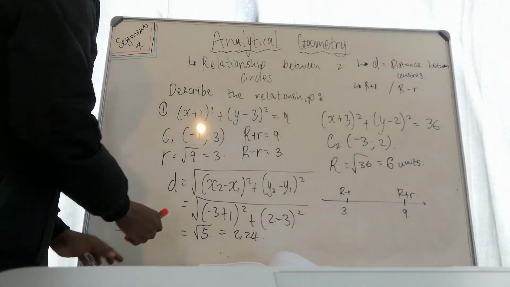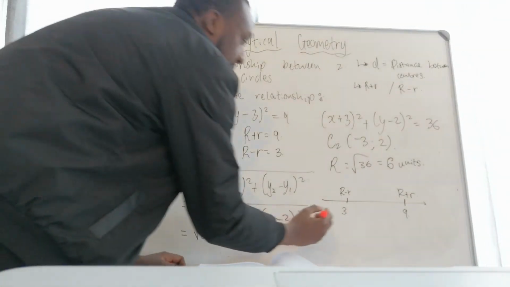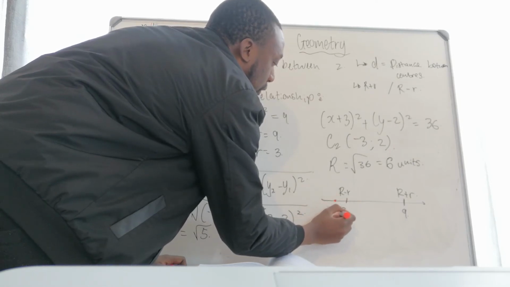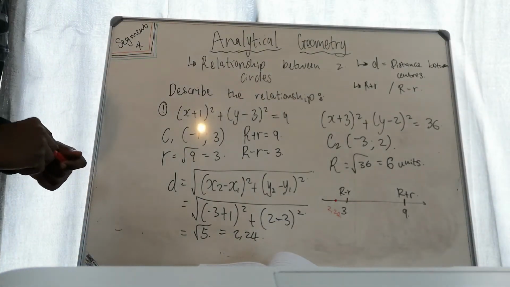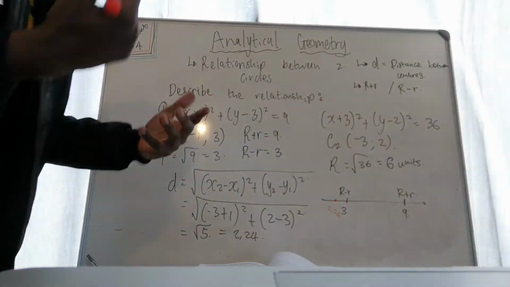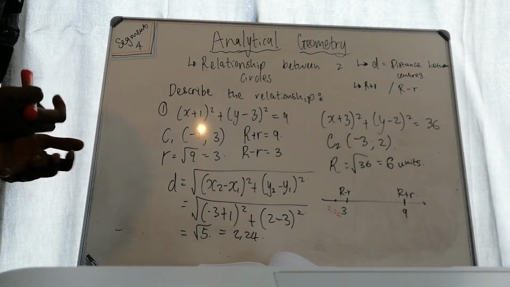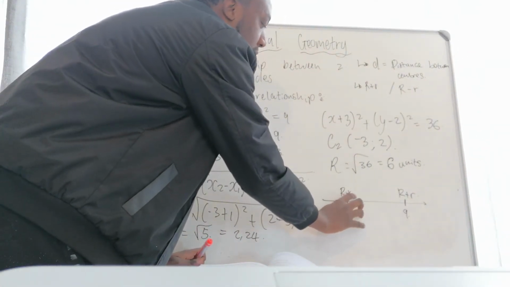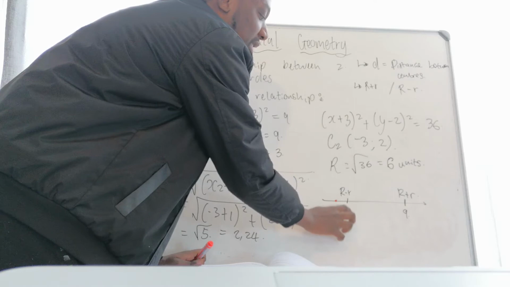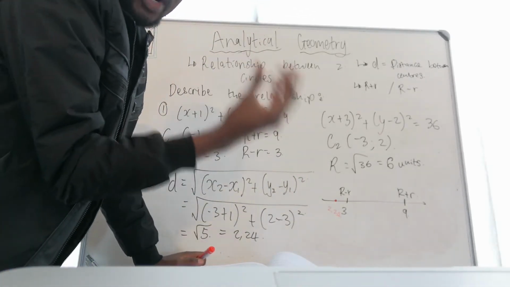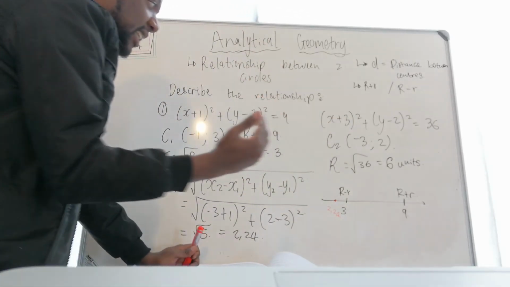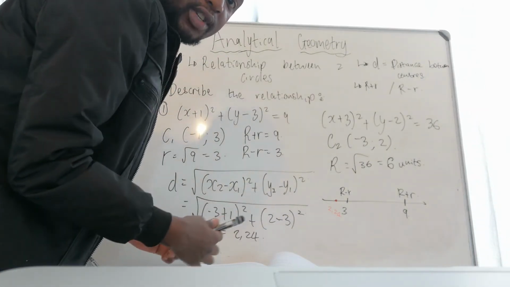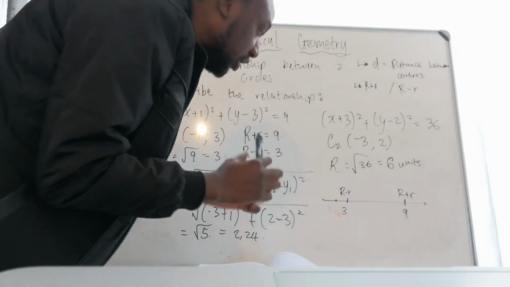Right? So where is my value? My value is right there, the 2.24. So a value that is right there, if you remember my spectrum, the first spectrum that I drew, I said at that point where R minus r, at that point is where they touch each other, but they only touch once. So if I get lesser than that point, that means these guys move further and further away from each other. But they are internal to each other.